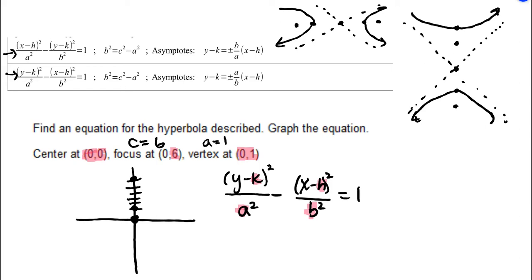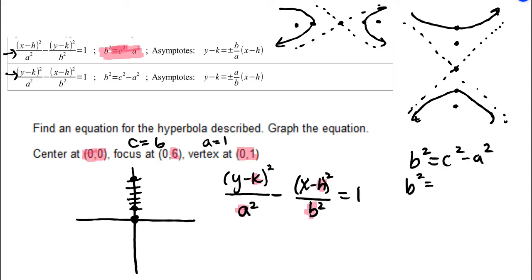So then finally, I can find the value of B by using this equation that involves the Pythagorean theorem. So I can use B squared equals C squared minus A squared.